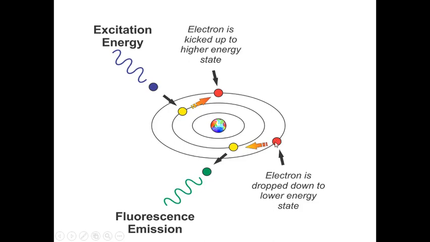Whenever this electron comes back to its original orbit, at that time it emits some light energy in the form of photons, which is colored radiation, and that radiation is known as fluorescence.